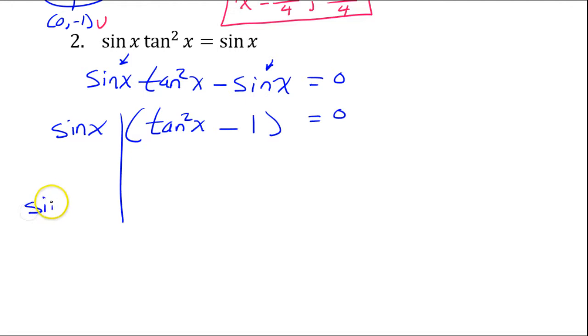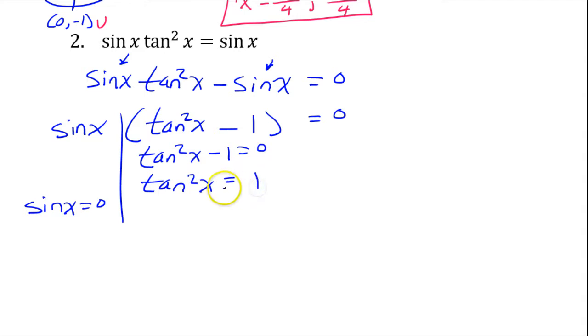So here I will have sine x equals 0. And here, if I do tangent squared x minus 1 equals 0, then I get tangent squared x is equal to 1. Taking the square root of both sides, I will have tangent x is equal to plus or minus 1.